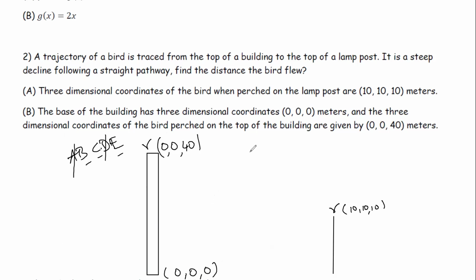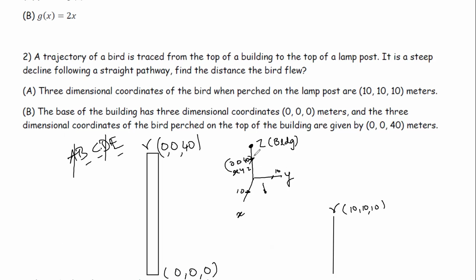Now just to explain three-dimensional coordinates, this is Z, this is X, and this is Y. If we assume that this is the building, Z is the building, then somewhere here we can say this is 0, 0, and 40, X, Y, Z. And this is 10 on the X, 10 out here, and then the height Z, this 10, 10, 10 part, this height is 10.